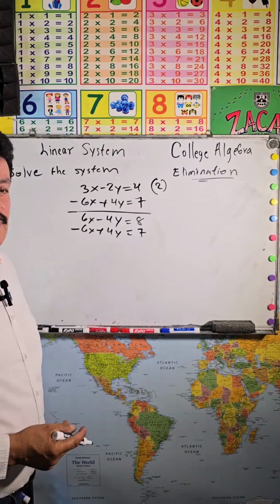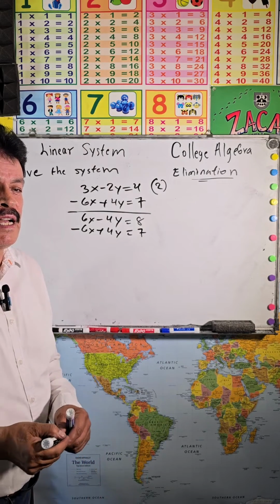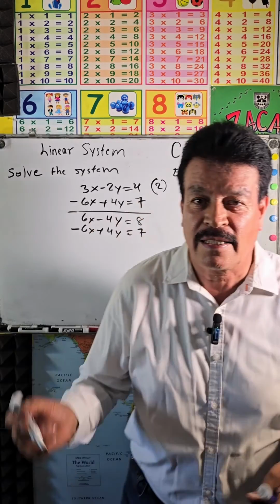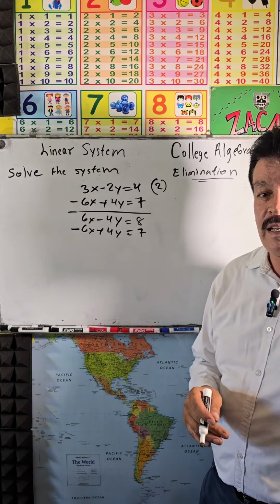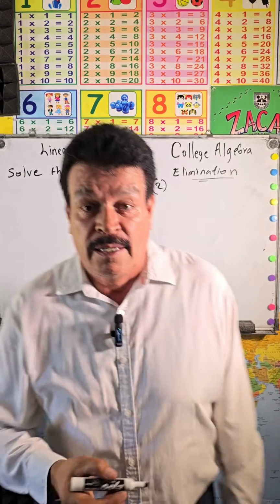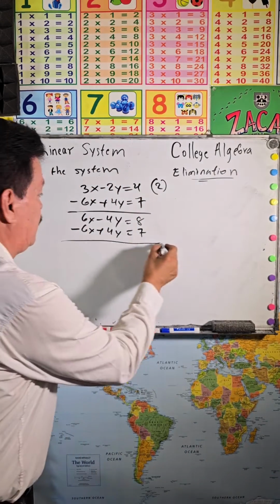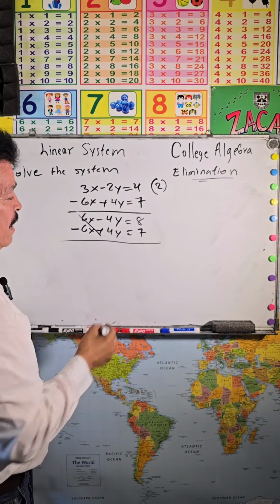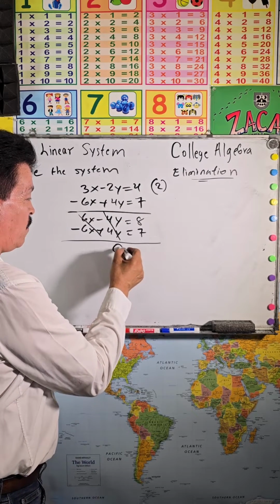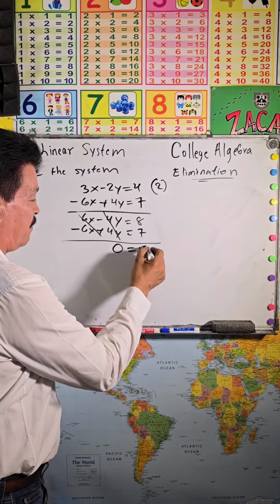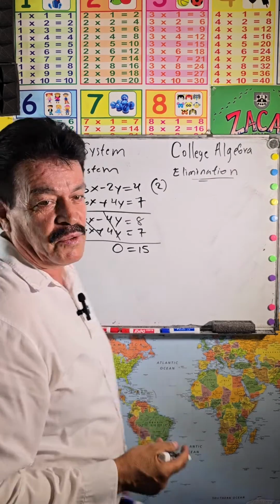But see our question right here. It's a different system of linear equations. Simplify: cancel this, and also cancel here. So this is 0 equals 15. See the answer?